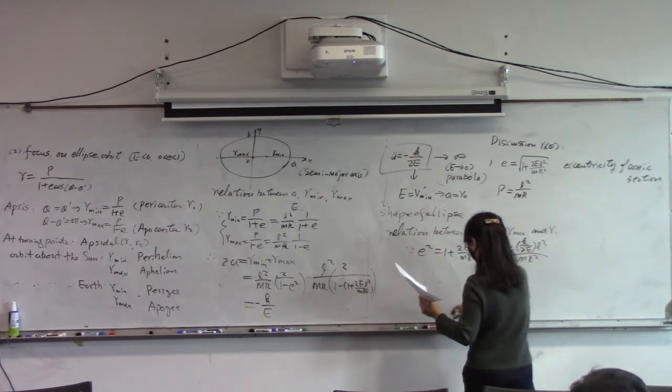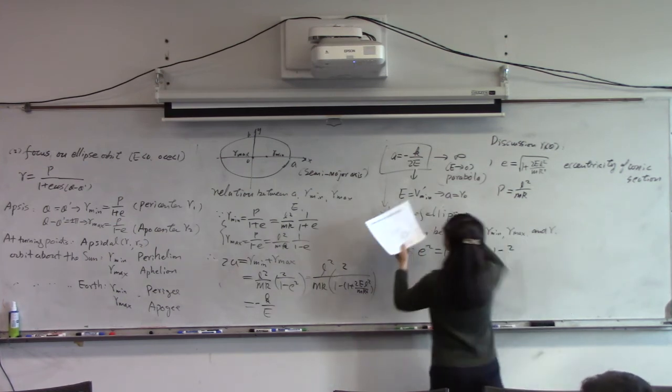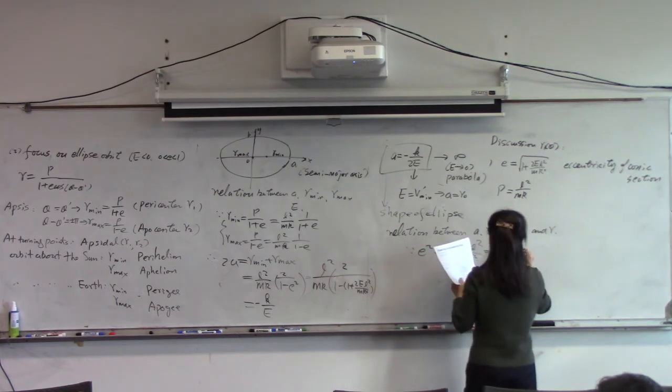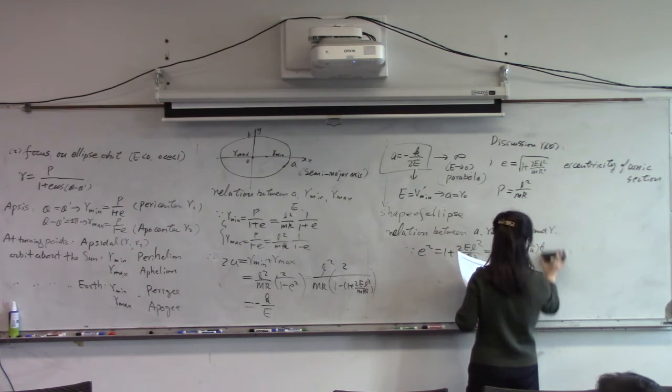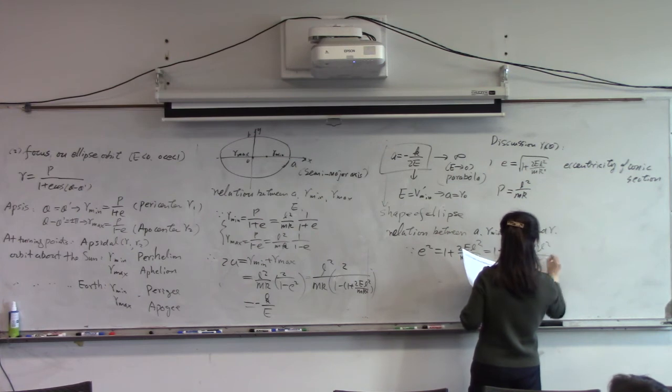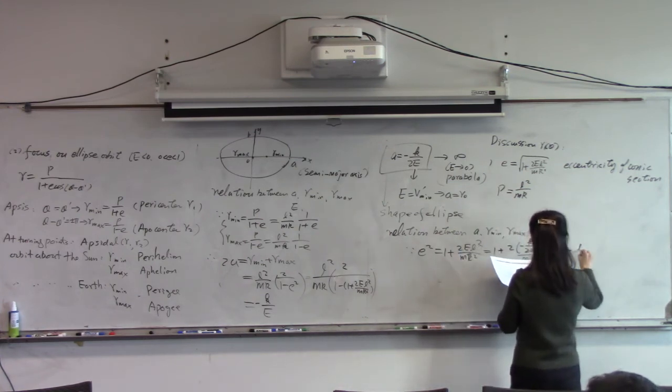Sorry, this A, sorry. Then the E is just minus K over 2A, right? K L square over K square. And then you can see this one is 1 minus L square over A MK.